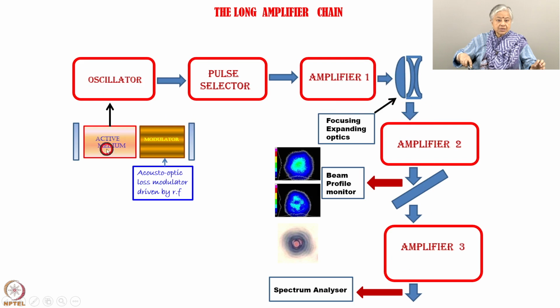Here is the oscillator, where I have shown the active medium and the modulator before the oscillator, so you get a train of pulses which comes out. The modulator is an acousto-optic loss modulator driven by RF.